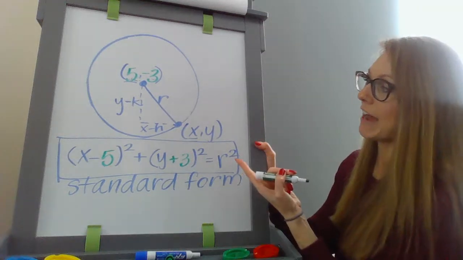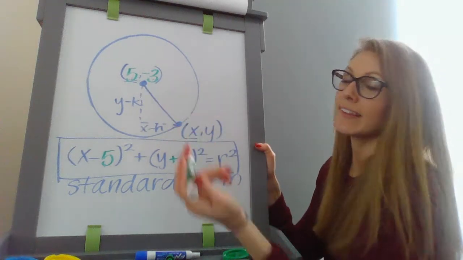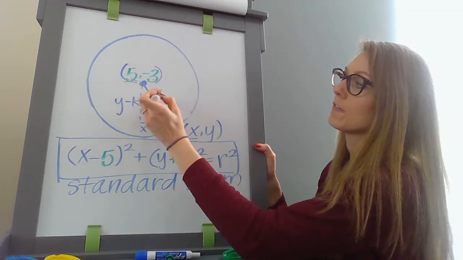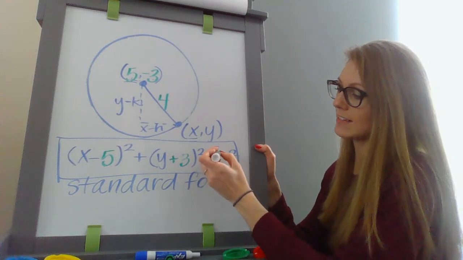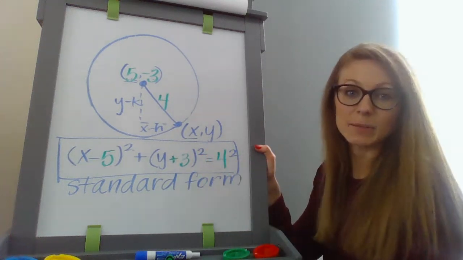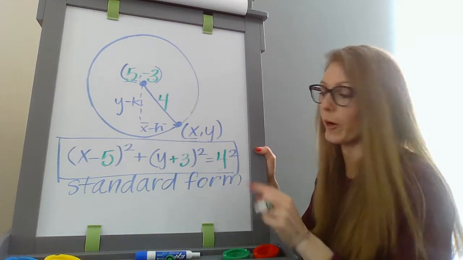Okay, and then we'd have to figure out what the radius of the circle was. Let's say that we were given that this particular problem had a radius of 4. Okay, so we could put the 4 right in here as our radius, but that's really not simplified. So the only thing that we're going to have to do to simplify our final answer is square the 4.